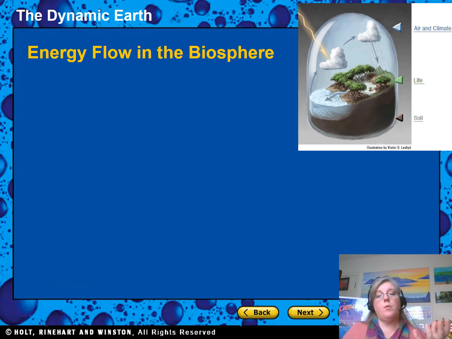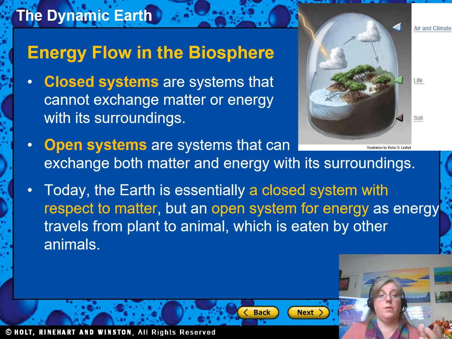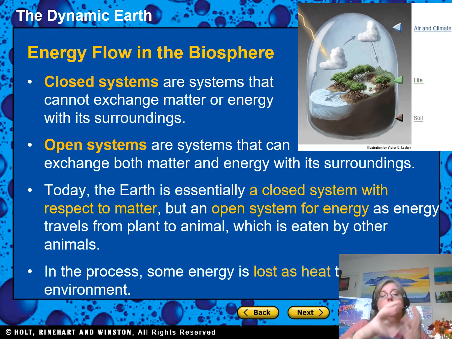All right, so remember when we talked about spaceship Earth, we talked about closed system versus open system. The nutrients that the biosphere needs, the carbon, the phosphorus, the potassium, this is all we have. So the Earth is considered a closed system for matter and nutrients. We can't just go to the asteroid belt and pick up more carbon.